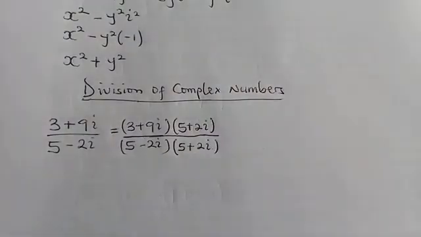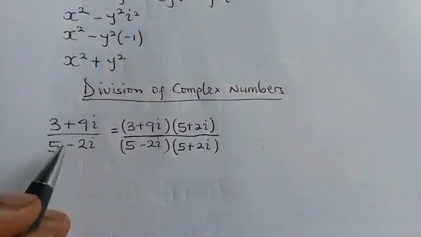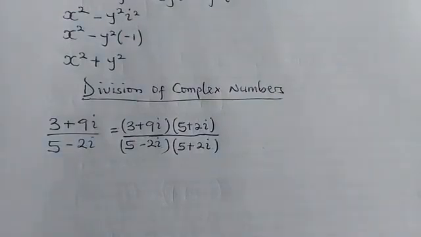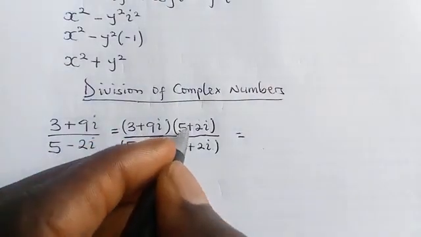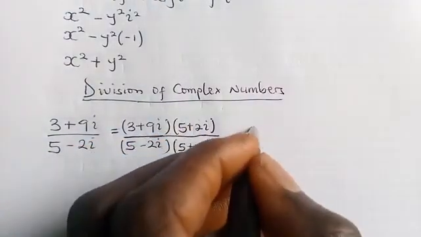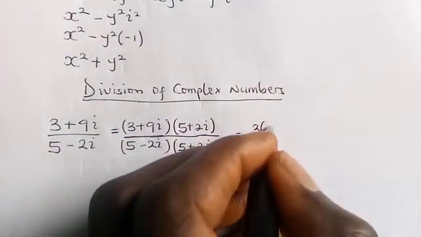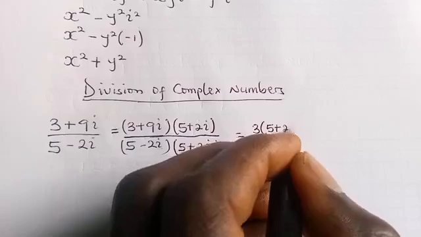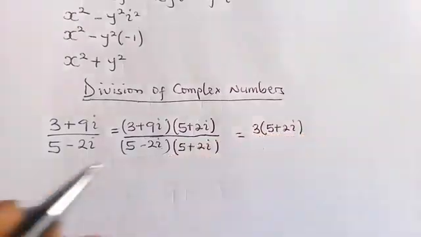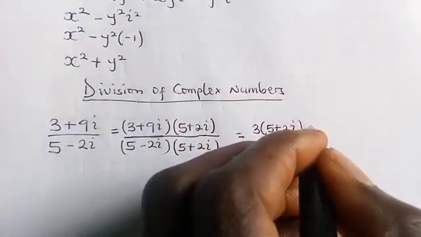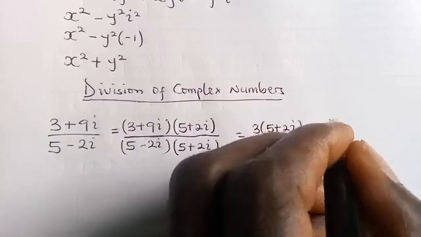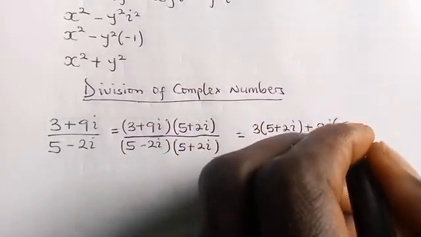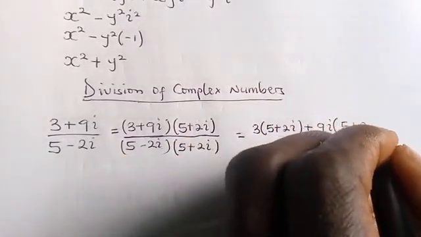So now let's open these brackets up to know what 3 plus 9i divided by 5 minus 2i will be. We are going to have 3 multiplied by everything here, that is 3 into 5 plus 2i. Then we will have 9i multiplying everything here, plus 9i multiplying 5 plus 2i.